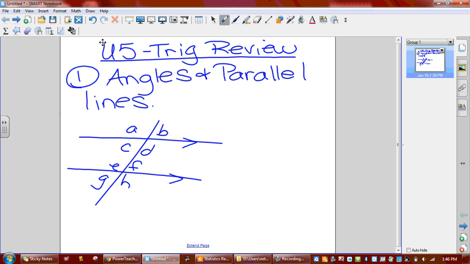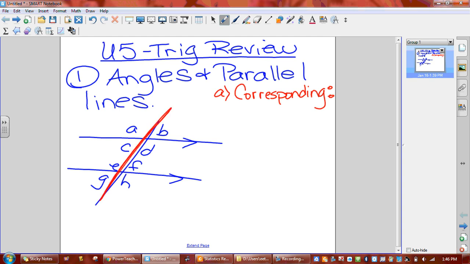So we need to know corresponding angles. So corresponding angles are going to be angles that are on the same side of the street. Meaning if I called this transversal line here the street, they'd be on the same side of the street and they're the same size.